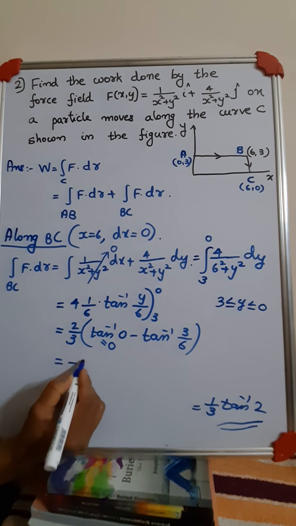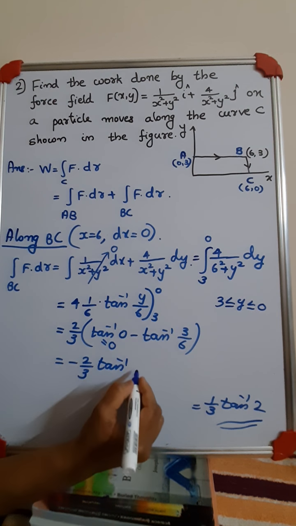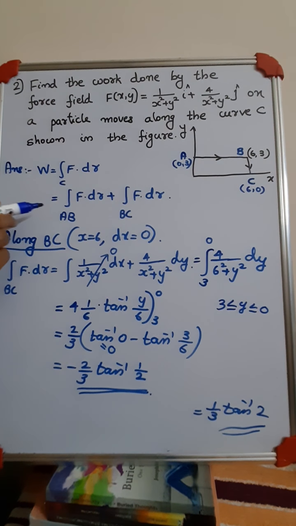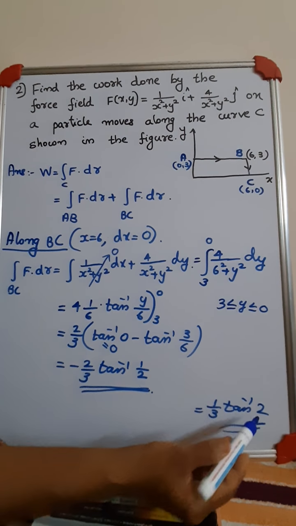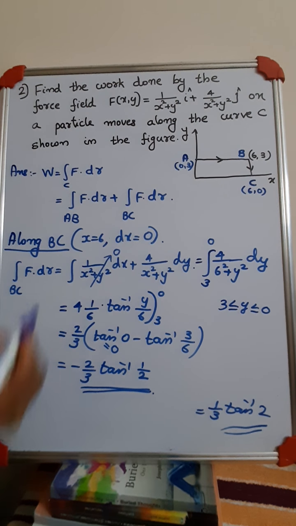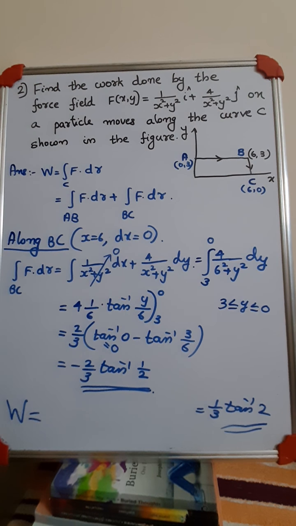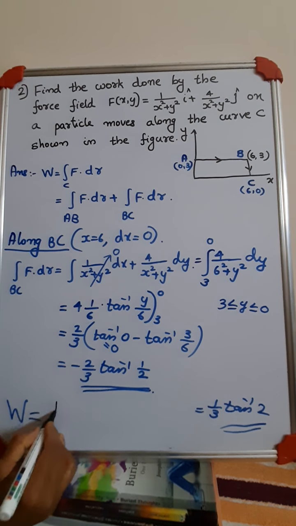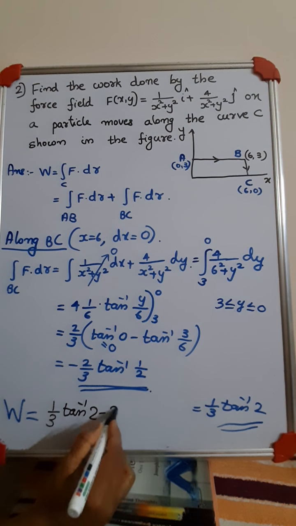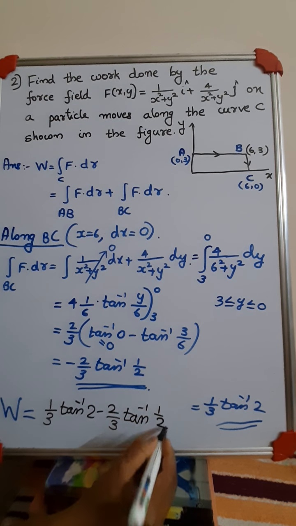So final answer is minus 2 by 3 into tan inverse of 3 by 6, which is 1 by 2. So we have two values. Along AB, value is 1 by 3 tan inverse 2, and along BC, minus 2 by 3 tan inverse 1 by 2. So final work done is W equal to 1 by 3 tan inverse 2 minus 2 by 3 tan inverse 1 by 2.